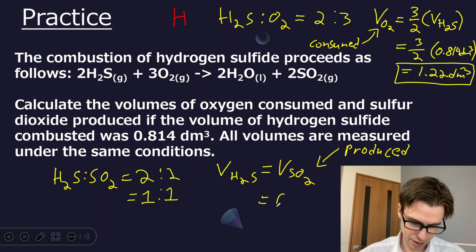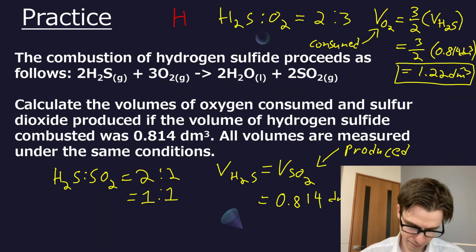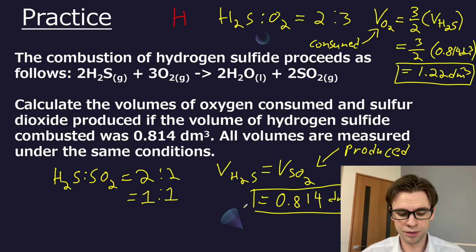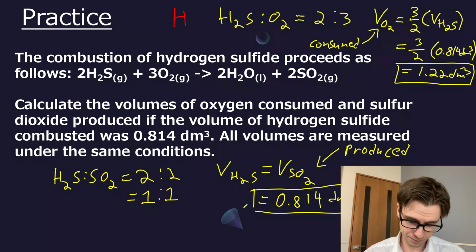And so we get exactly the same amount of SO2 produced as H2S was used. So very convenient. We didn't have to go to the periodic table and count up the masses of all the atoms in these and do a bunch of calculations.